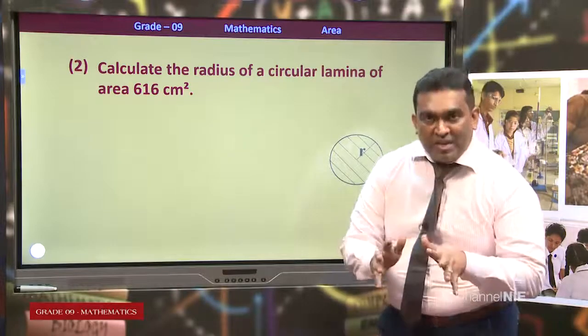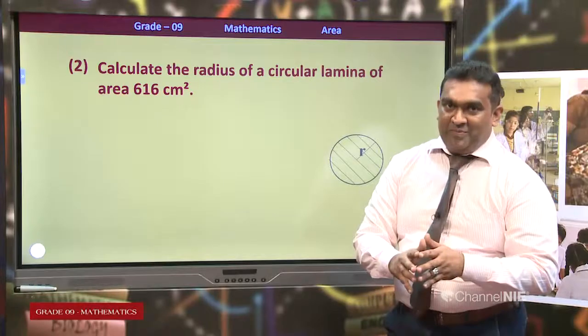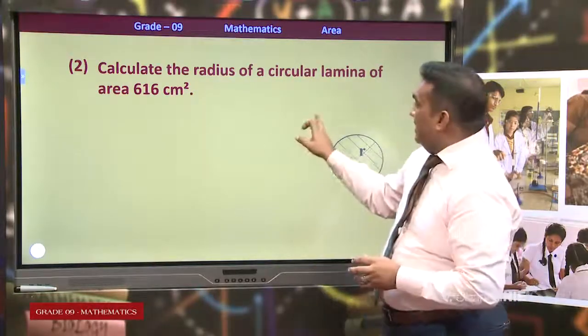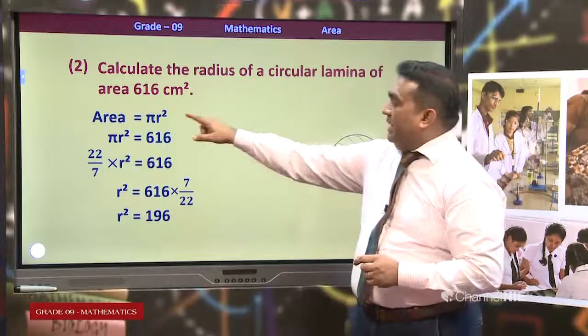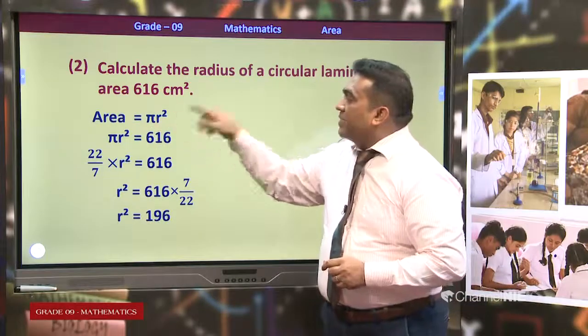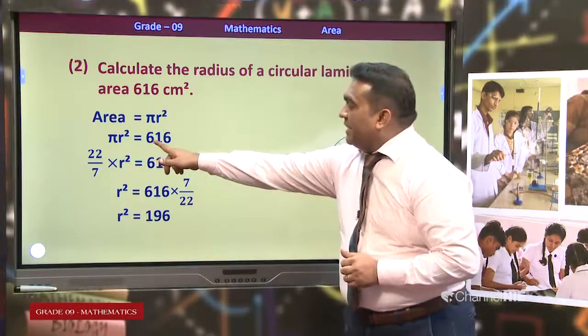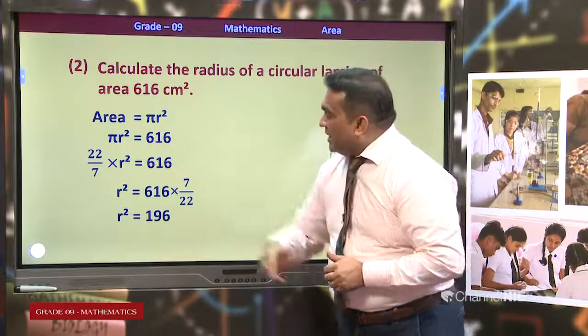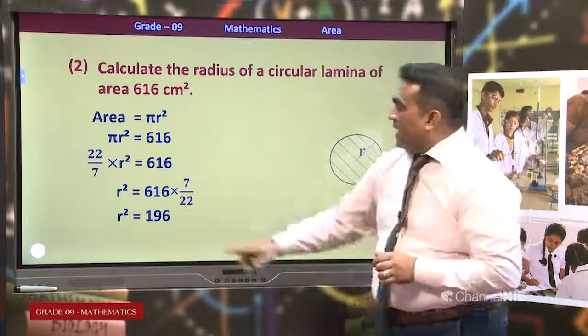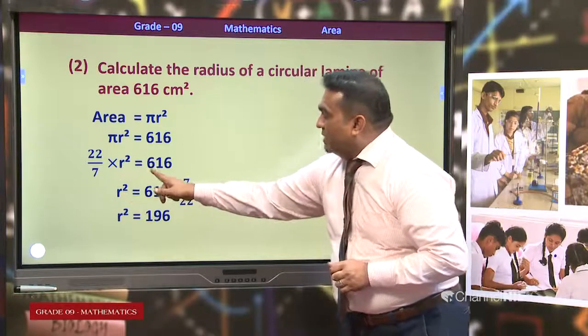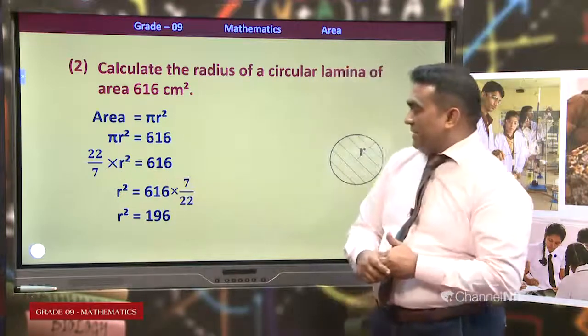Use the definition as I told you earlier. What is the formula for the area of a circle? Area equals πr squared, so πr squared is equal to 616. Here pi means 22/7.